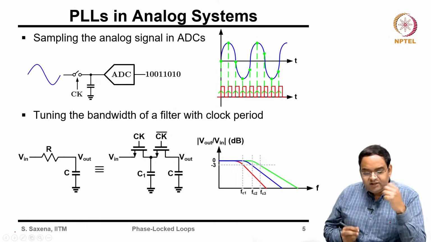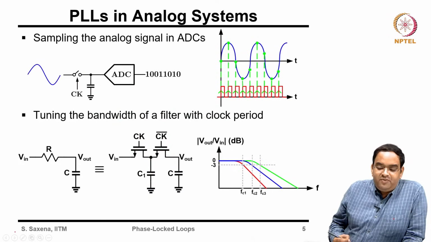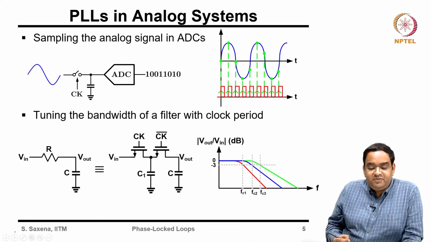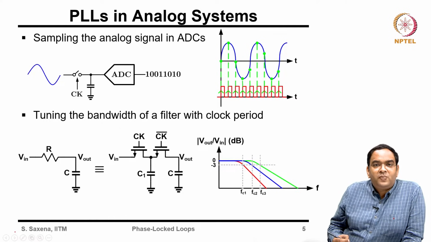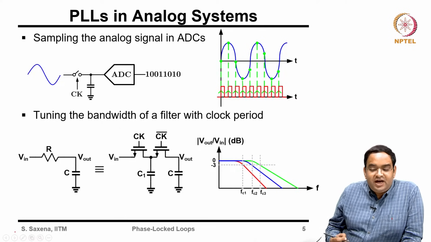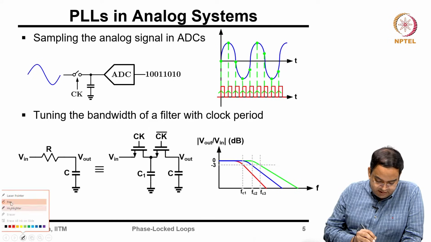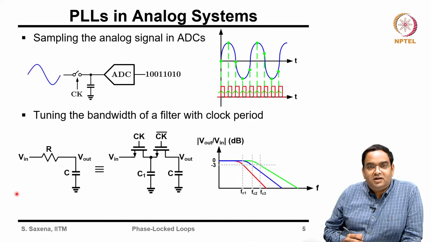Next, it is not only this, well, there are many such applications. If you look at very basic analog systems, you know that all the signals which you have around you are analog in nature, is it not?